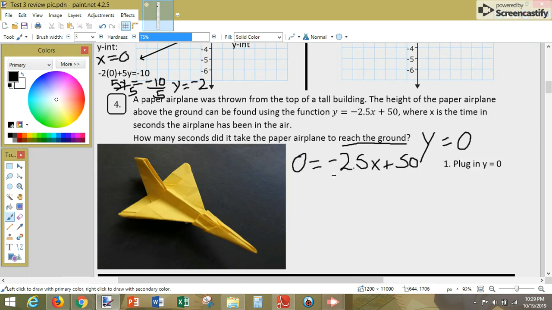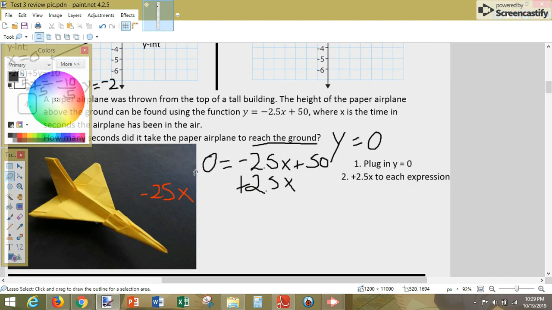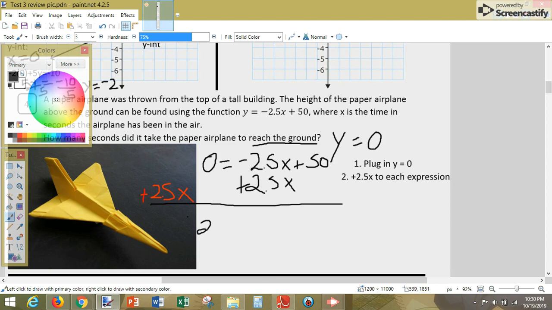Okay, step 2, you want to add 2.5 times x to each expression. I did not line up the x with the 0 because those are not like terms. One is a constant and one of them has an x. We have 2.5 times x equals 50.